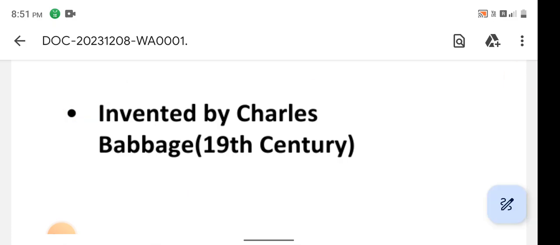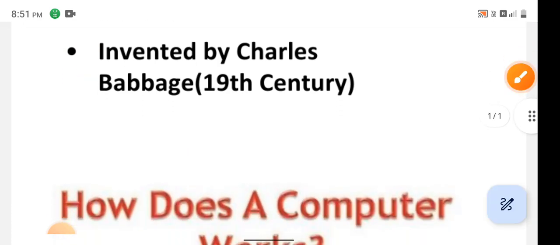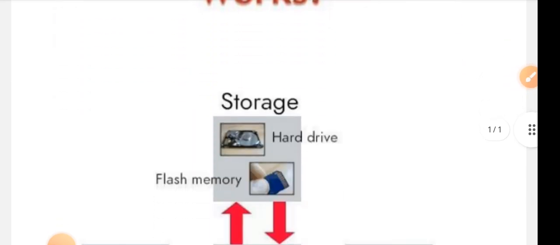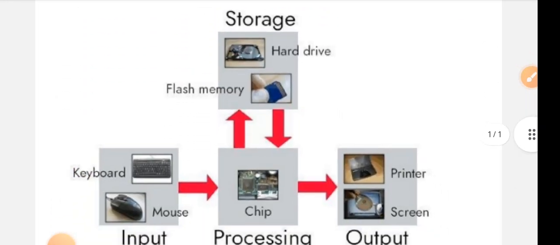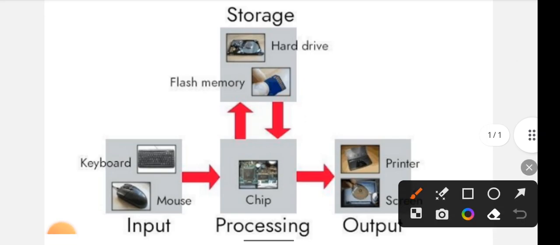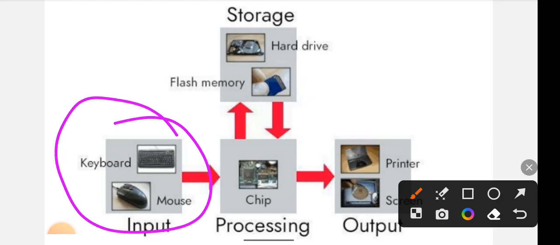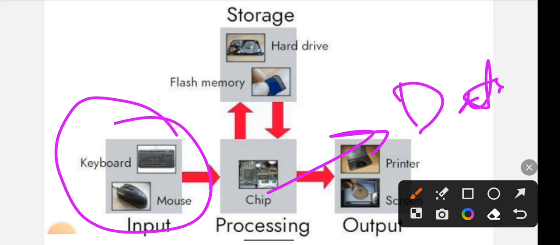Now we will discuss how a computer works. First of all, we have to give instructions to the computer with the help of input devices, such as the keyboard and mouse. When we give input to the computer, it proceeds to the data storage device. Basically, data storage devices are of two types: primary and secondary.